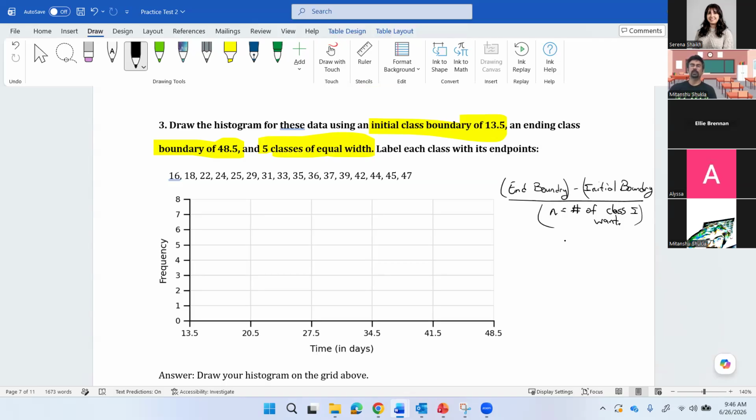So they gave us an ending boundary of 48.5. They gave us an initial boundary of 13.5. And they're telling us that we want 5 classes.